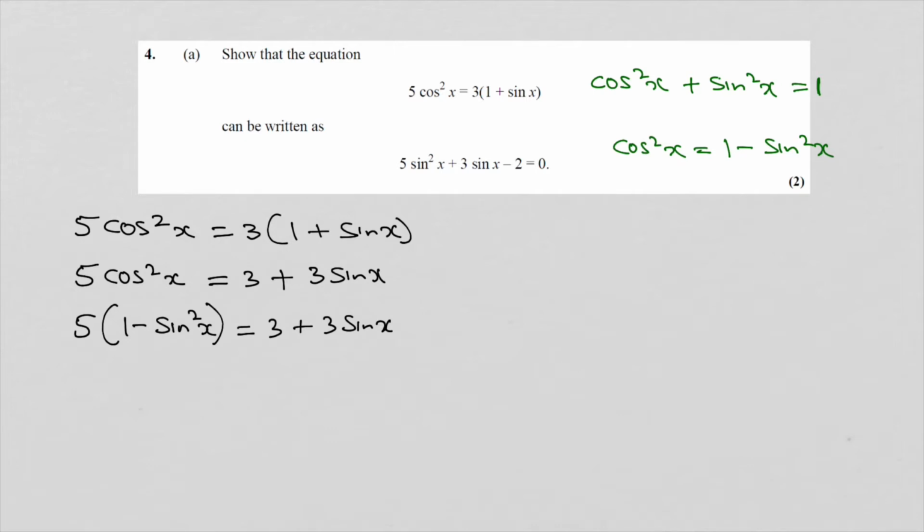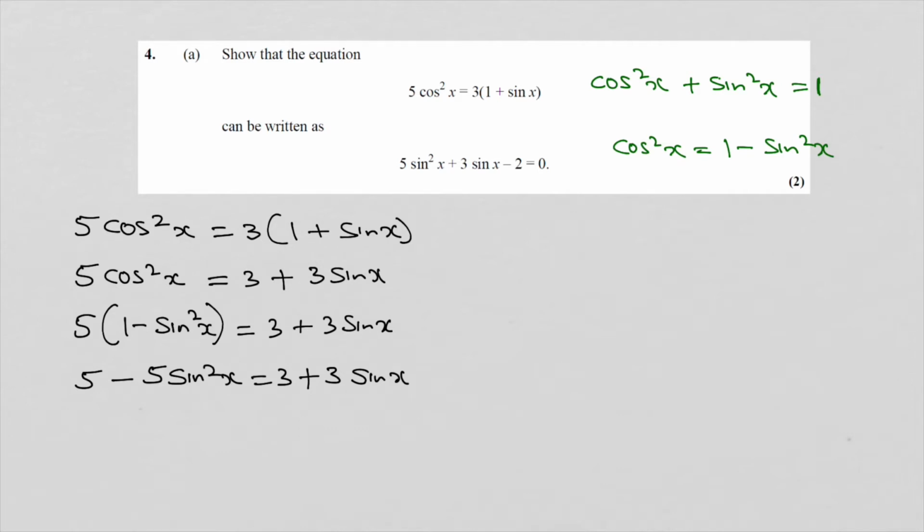Then I need to expand the bracket on the left hand side. 5 times 1 is 5 minus 5 times sine squared x is 5 sine squared x equals 3 plus 3 sine x. I need to move all the left hand side to the right hand side because these are plus and minuses.